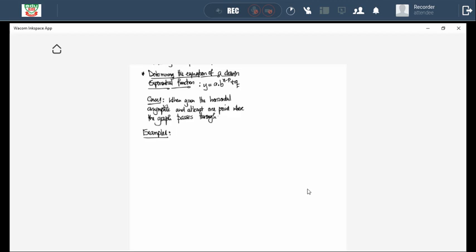Determine the equation of the graph below. I am given a graph, and that graph is something of this sort. You also label it y, and that is x.